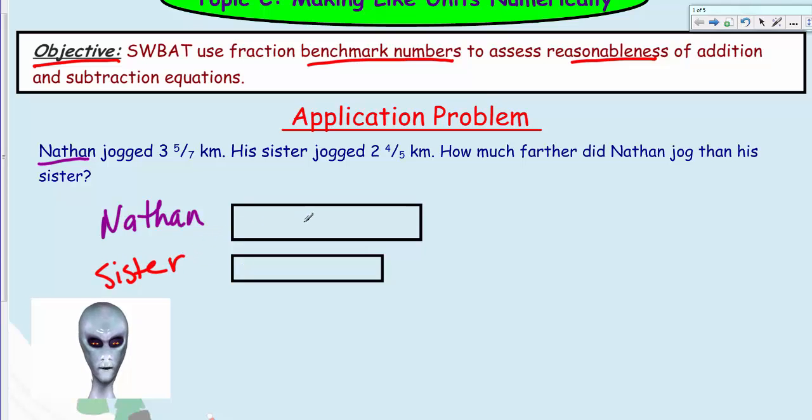Now we're going to put in his amount, which was 3 5/7. She was a little less, so that's 2 4/5 kilometers, because that's basically the unknown here.